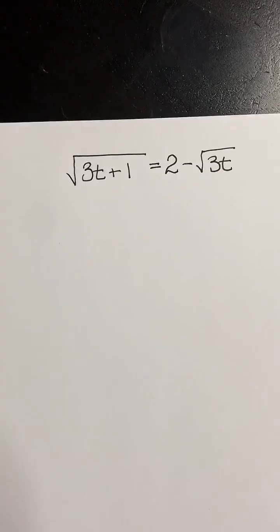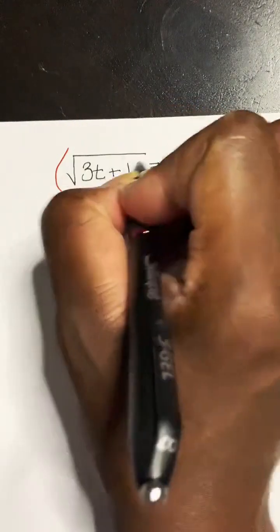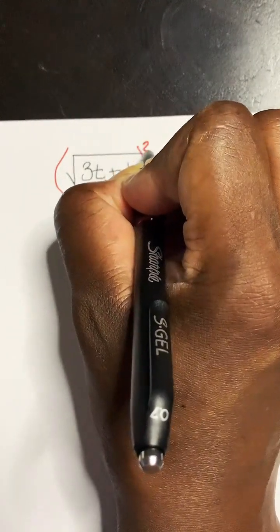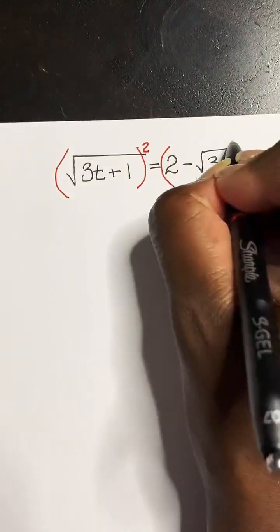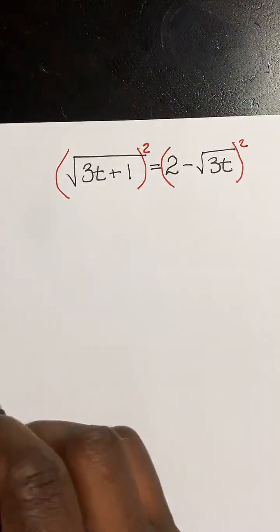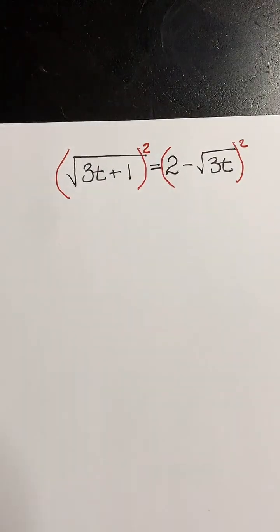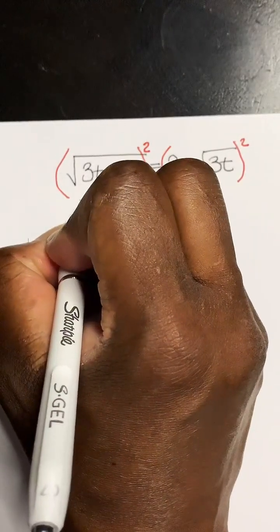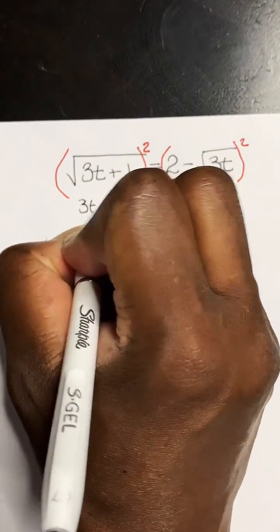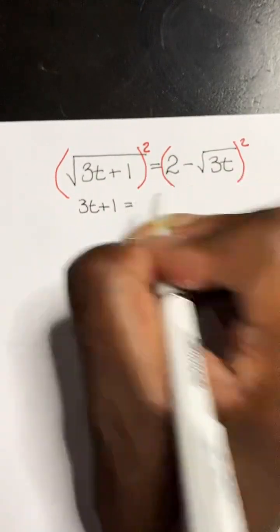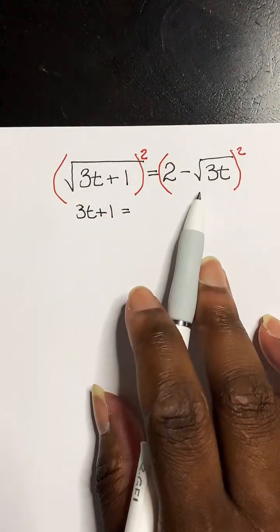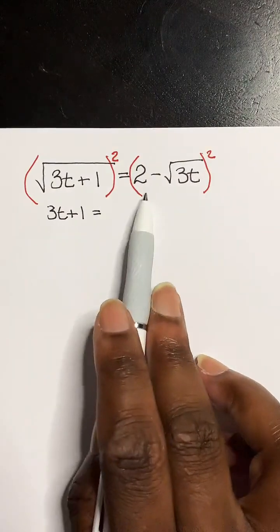So the first thing I would do is get rid of this radical, so I'm going to square both sides. When I do this, I'm going to have 3t plus 1 on one side. Now, like some of you were saying, we should be doing FOIL.